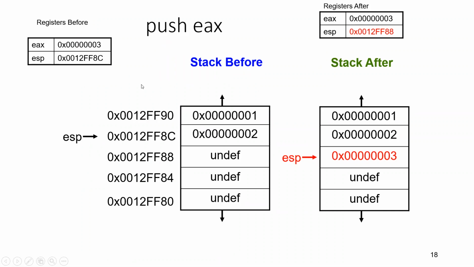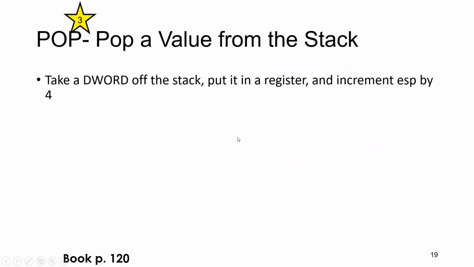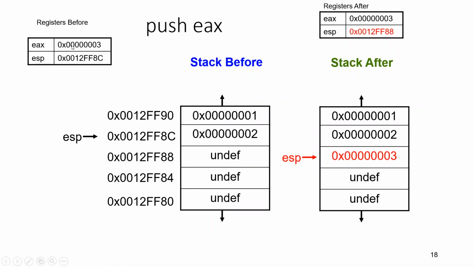Okay, just concentrate here. Our stack is here before. ESP points to the top of the stack, that is, this address has this value, and I have EAX, and ESP points to this value. I want to push EAX, so I want to push this 3 onto the stack.